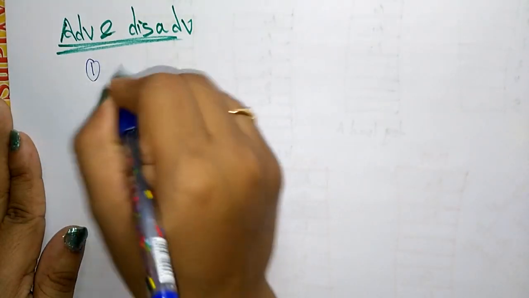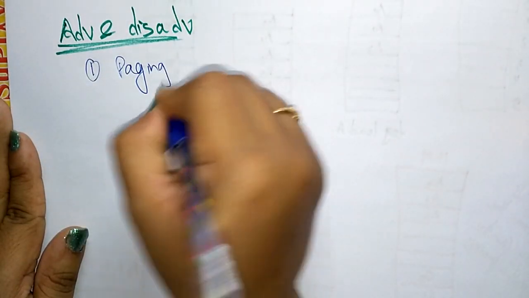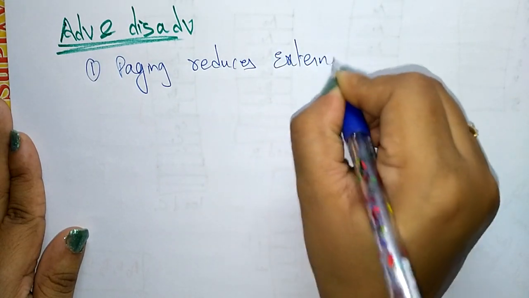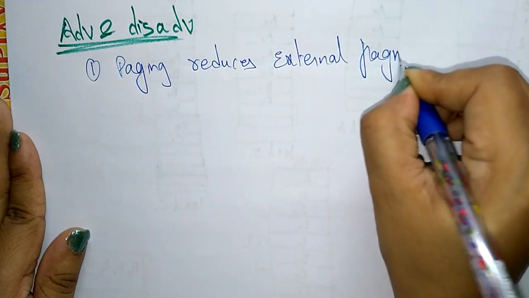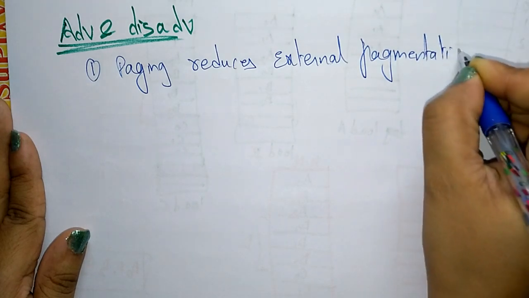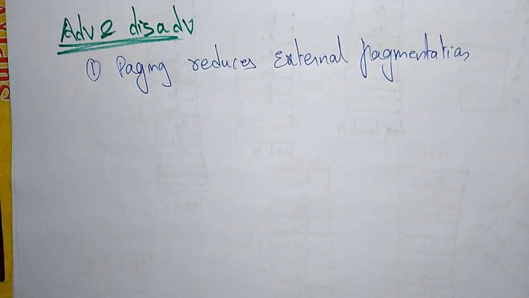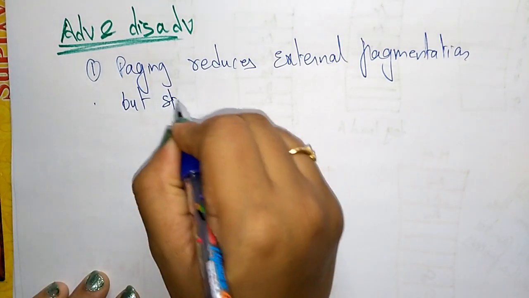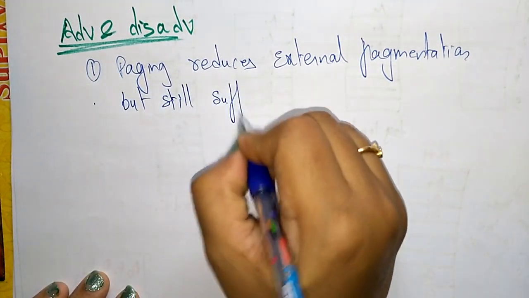So the advantages and disadvantages. First, paging reduces external fragmentation. But it still suffers from internal fragmentation, so this is the disadvantage.